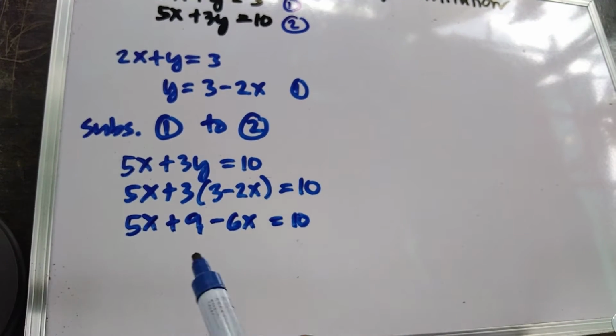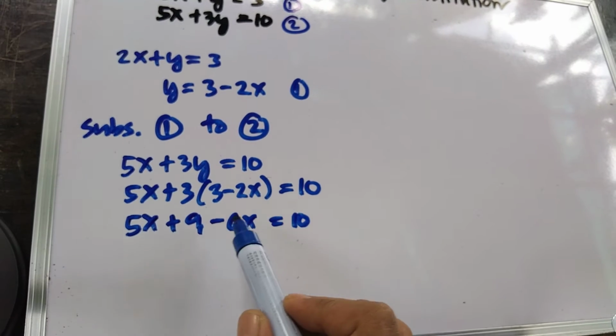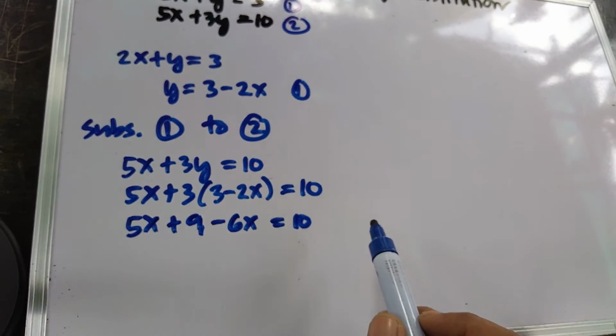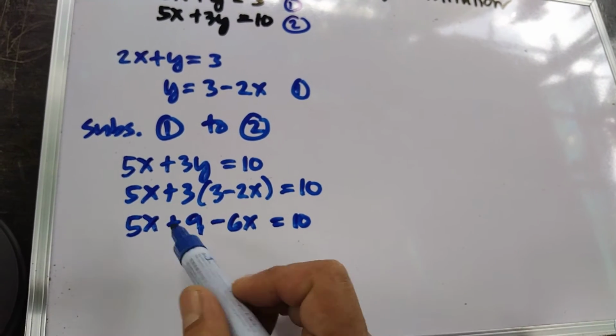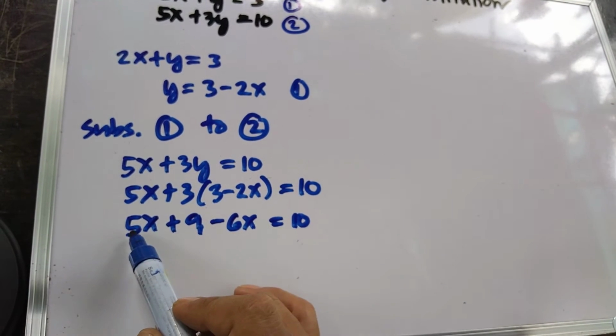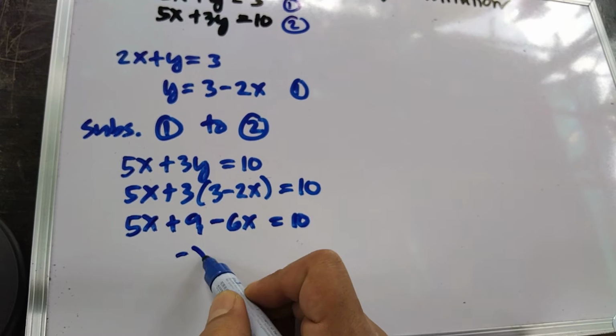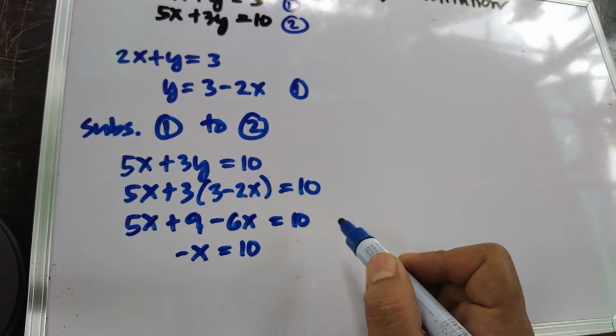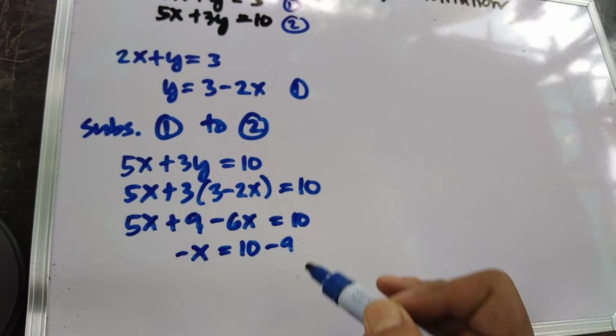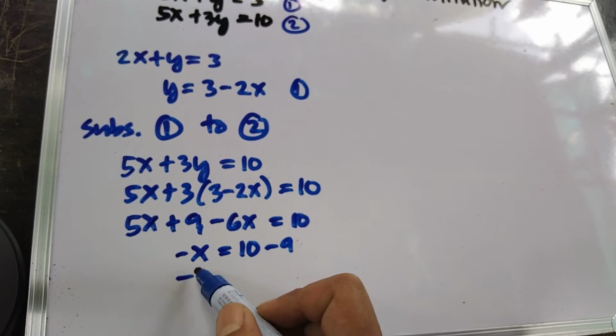Now, as you observe, there is only one variable, x. So we can solve the value of x directly. We combine 5x minus 6x, you have negative x, plus 9 is equal to 10. We transpose 9 to the right side, that becomes negative 9. Why negative x?